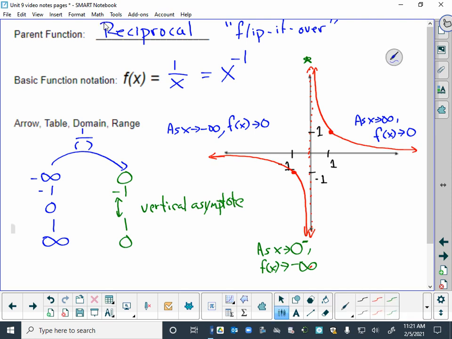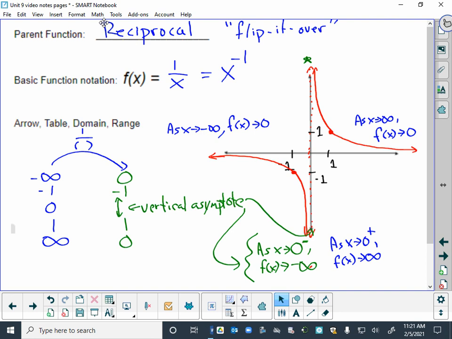And on the other side of that, as x approaches 0 on the positive side, then f of x approaches positive infinity. So this is just kind of shortcut notation for describing this vertical asymptote that we see happening right here.